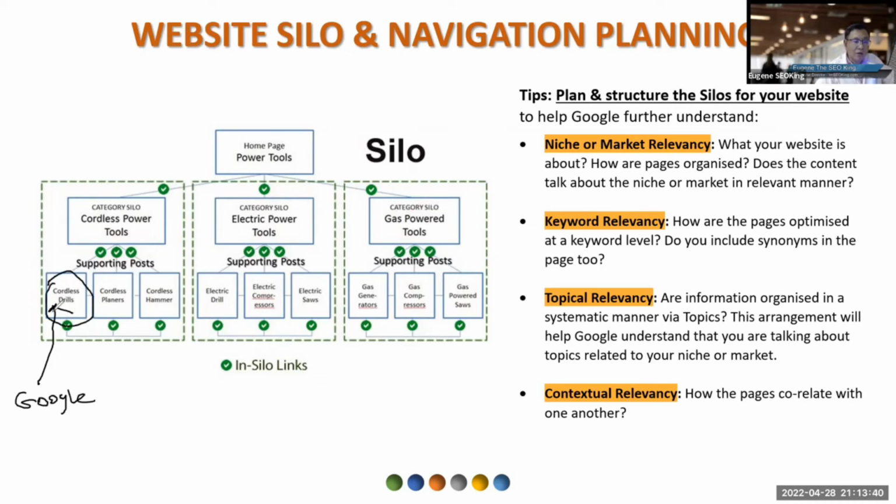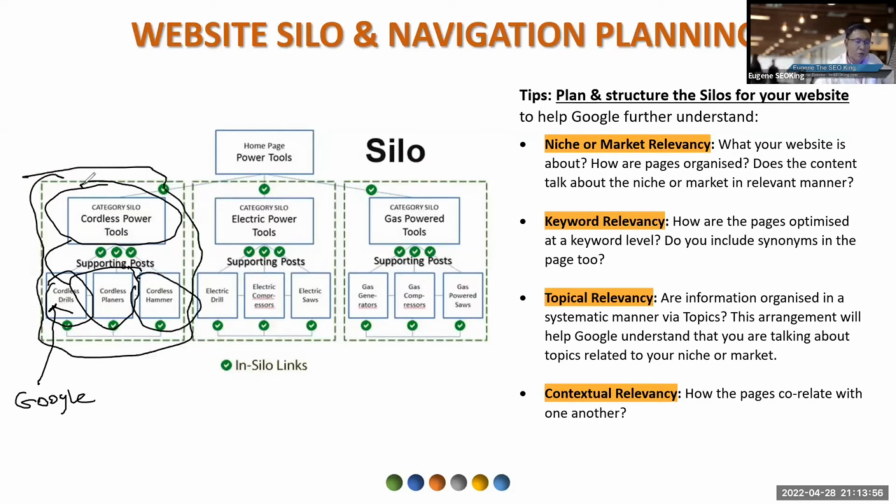Google then realizes that your page is talking about cordless drills. Then Google looks further: oh, this page is under cordless power tools. Then Google will see, oh, cordless planners, cordless hammers. Oh, this whole group of pages is under cordless power tools, right?